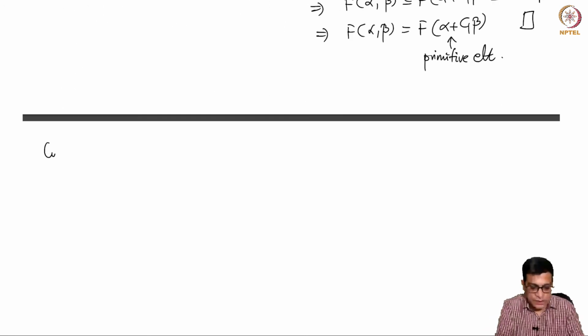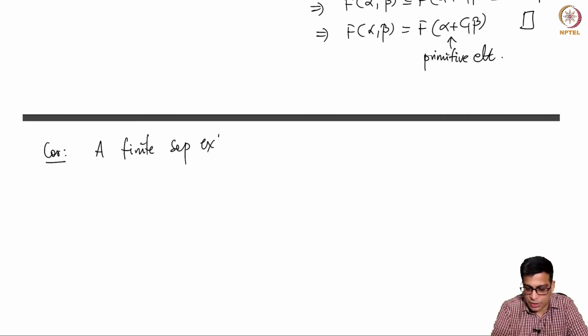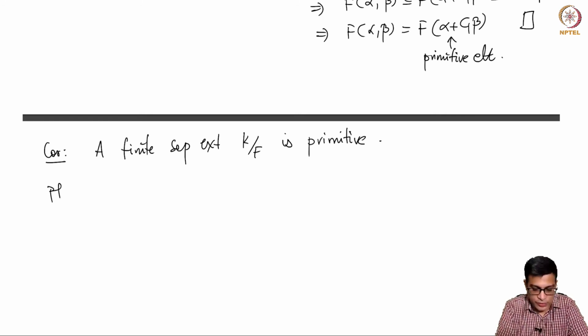And a corollary of this, which connects it to Galois theory, is the following: a finite separable extension K over F is primitive. Okay, the proof is very simple.